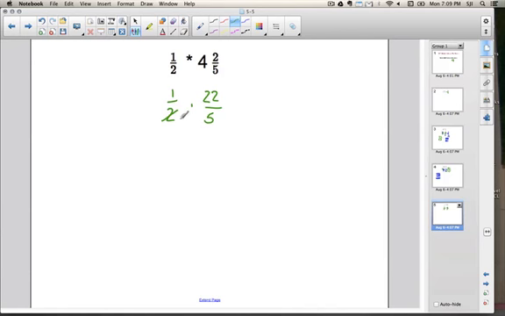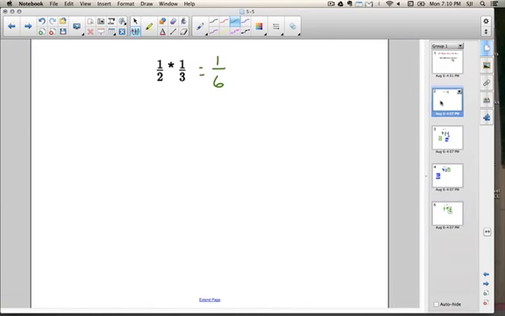The number they have in common is 2. 2 goes into 2 once, and 2 goes into 22 11 times. I'm going to multiply these new numbers together. 1 times 11 is 11, and 1 times 5 is 5. You could either leave your answer like that, or you could change it into a mixed number. So you ask yourself, how many times does 5 go into 11? It goes in twice, and 5 times 2 is 10. That means there's 1 left over, and you just bring the denominator down. So our answer is 2 and 1/5.